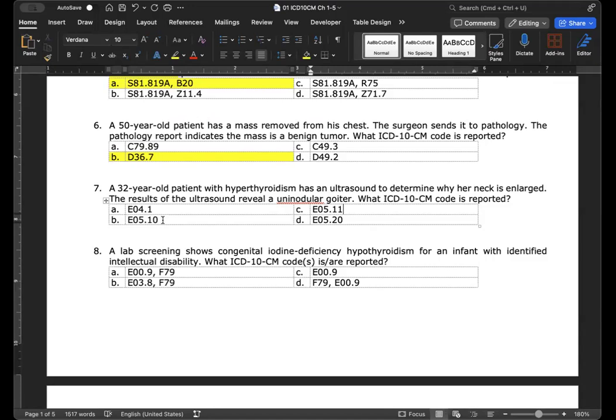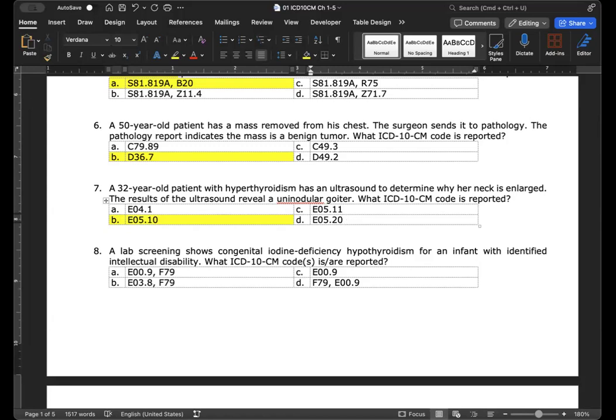So with your E05.10, we want to go up underneath the subcategory E05.1 and look at our inclusions, and then if there are exclusion notes and things along those lines. So does that make sense why we're going to use the E05.10 instead of the E05.20? Yeah, that makes sense. Sorry about that. No, you're totally fine. That's the whole point of us doing this, I want to make sure everybody's on the right page. Thank you. You're welcome.